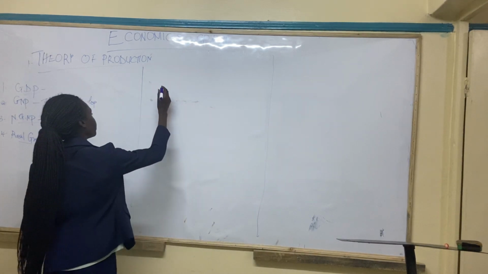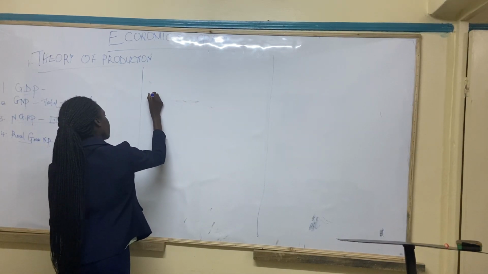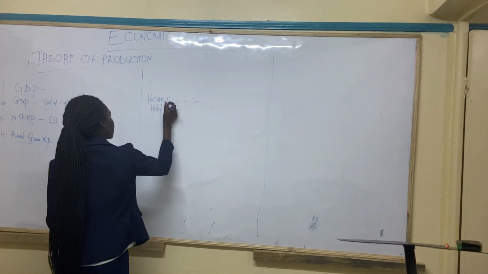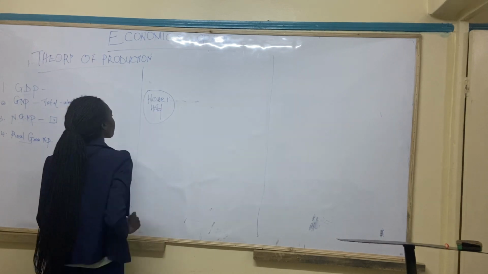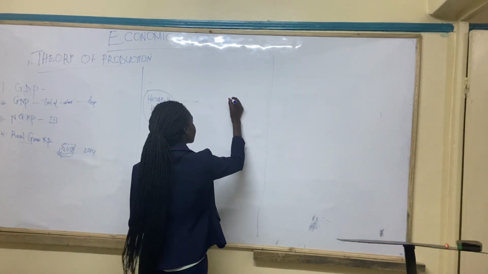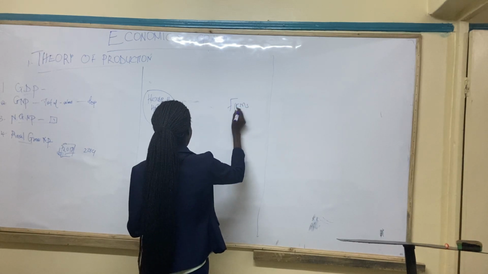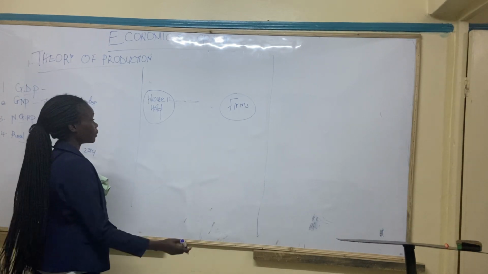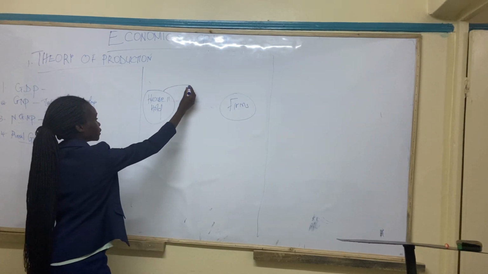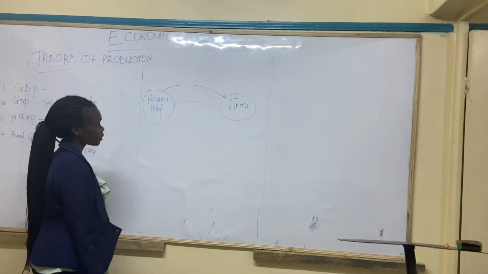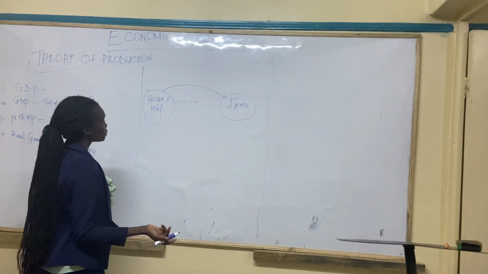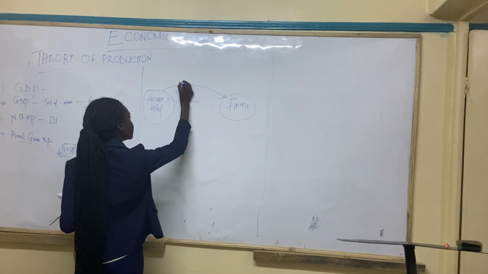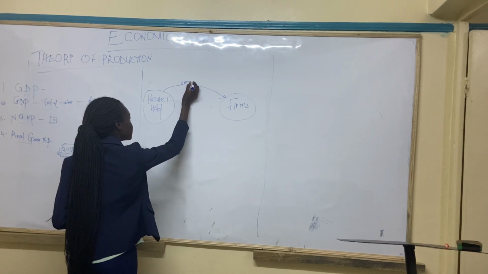In the diagram, here there is a household, and on the other side are farms. There are services provided from households to the farm. What do households do for the farm? They provide services.